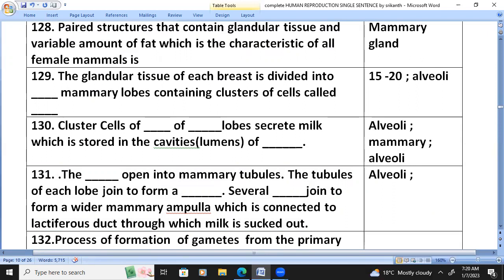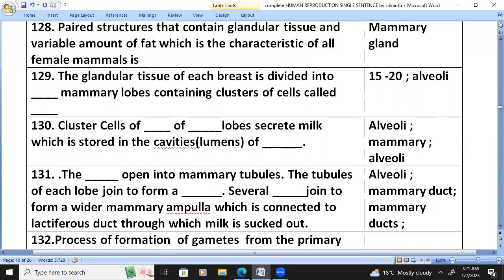The tubules of each lobe join to form a mammary duct. Several mammary ducts join to form a wider mammary ampulla, which is connected to the lactiferous duct through which milk is sucked out.